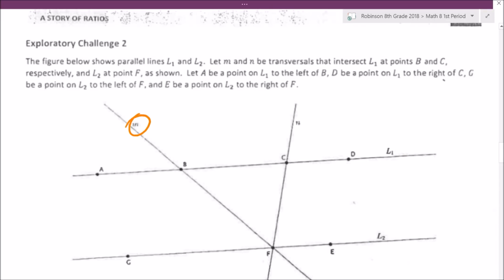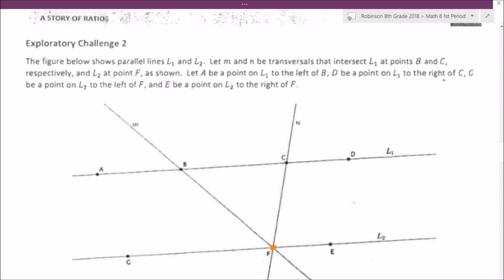Let M and N, these two lines, be transversals that intersect L1 at points B and C respectively. That means M is intersecting at point B, N is intersecting at point C. And L2 at point F. So both of them are intersecting at point F.